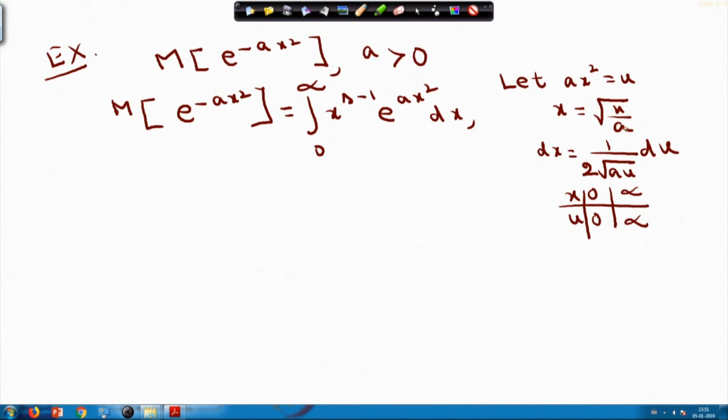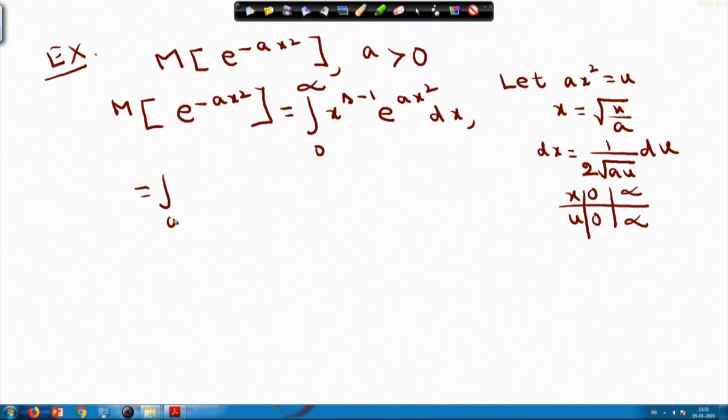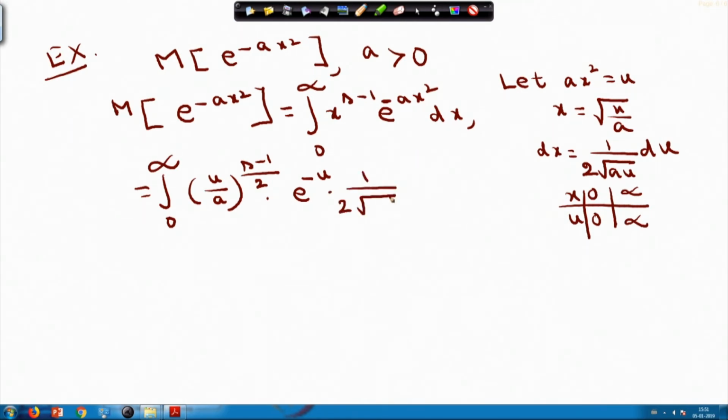So by the substitution a x square equals u, you can write this integral as 0 to infinity, the limits remaining the same, u by a to the power s minus 1 by 2 into e to the power minus u into dx, which is 1 by root over twice a u into du.